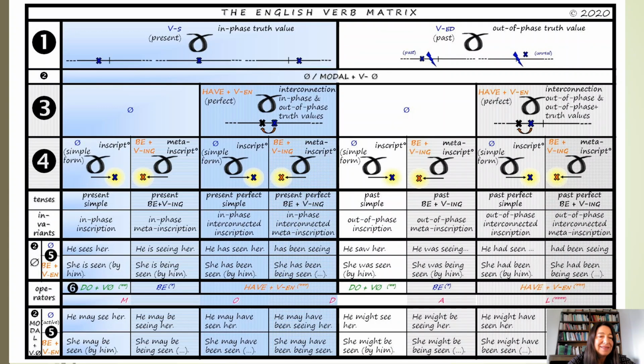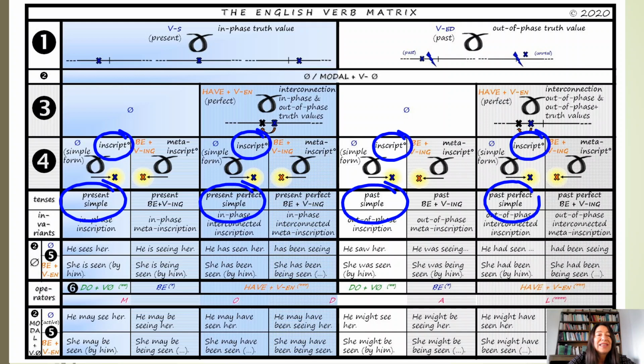So the 4 cases we've been looking at are 4 ways of looking at a past action and therefore of referring to it. So you can refer to a past action with the simple present or the present perfect simple or the past simple or the past perfect simple. And they all have in common the fact that they include the operator that is the simple form, which expresses the idea of inscription.